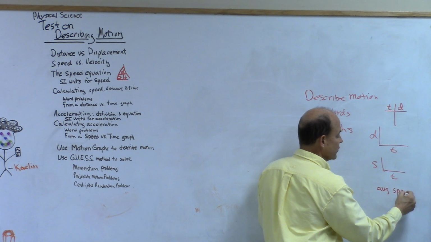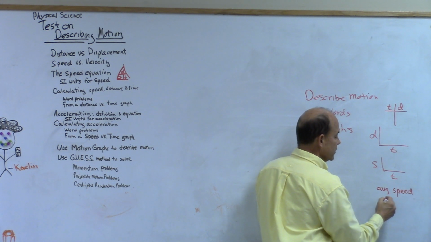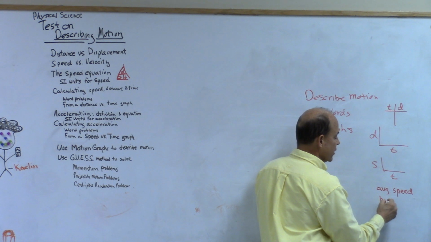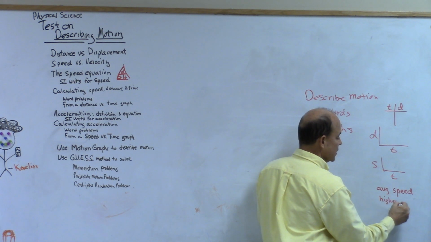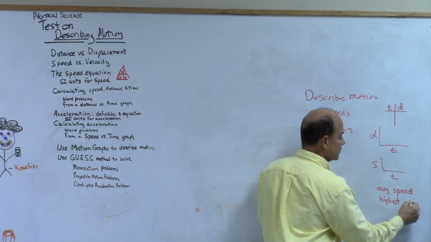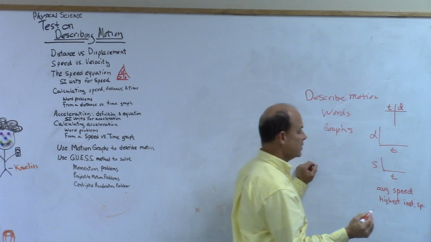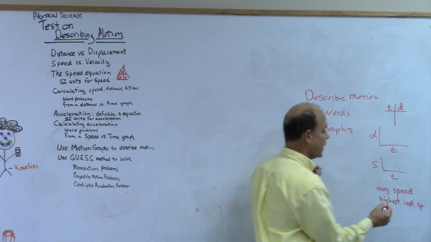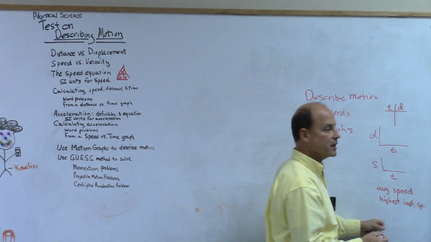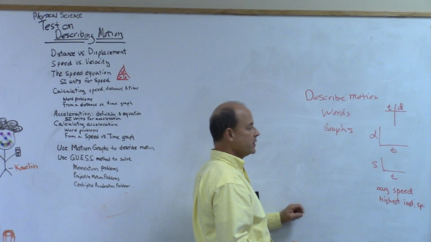You don't need to write this down because I'm going to give you a rubric. But just to let you know, you're going to have to know your highest instantaneous speed. I might have you do lowest instantaneous speed too, and there's a couple other things.